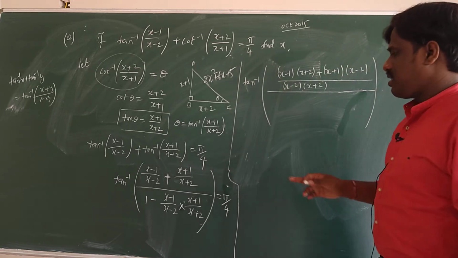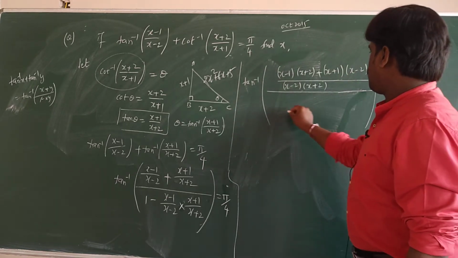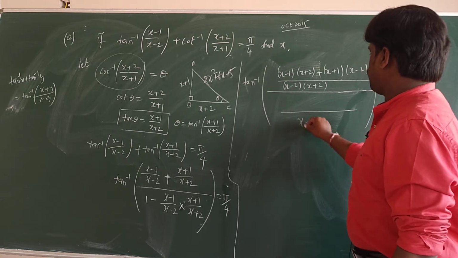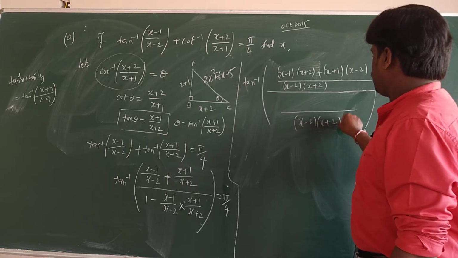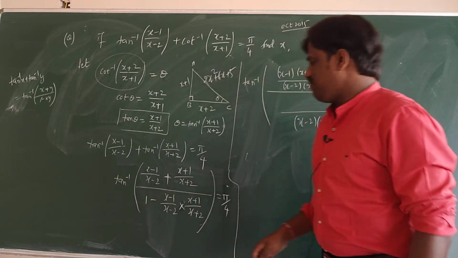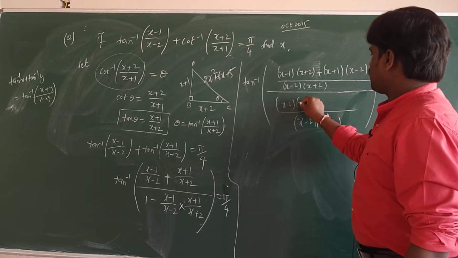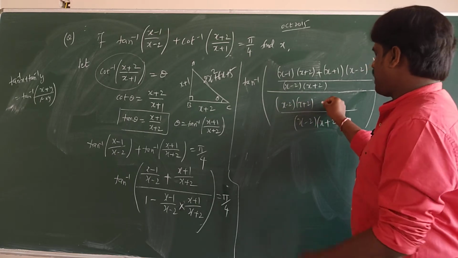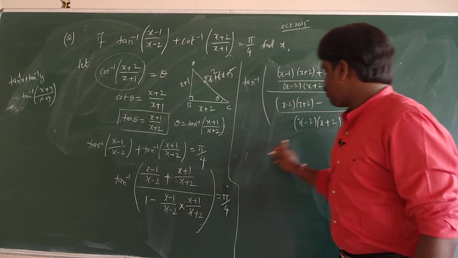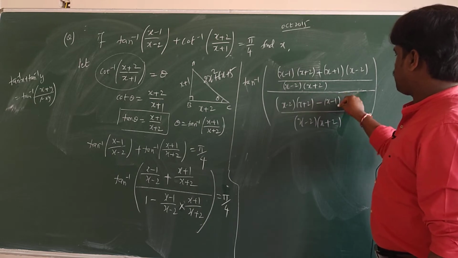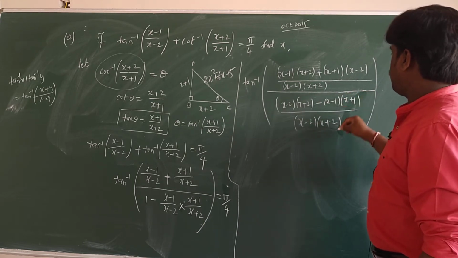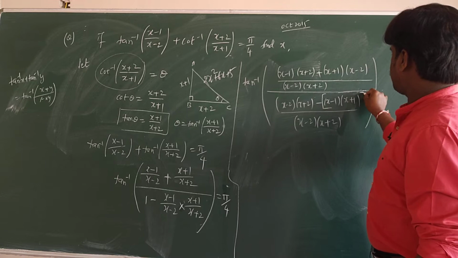So I did the LCM. Now down here also, I get (x minus 2) into (x plus 2) as the LCM. So this multiplies this one; 1 is there, so it will multiply. So (x minus 2) into (x plus 2) minus, this is the same. So in the numerator you get (x minus 1) into (x plus 1). Remember this, all people make a mistake here.